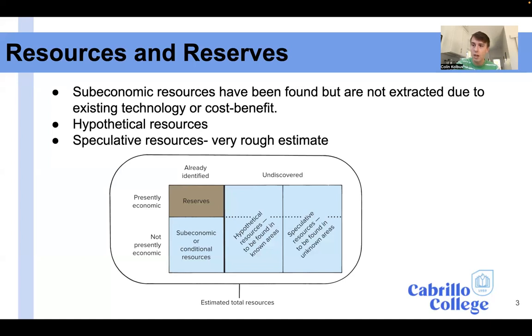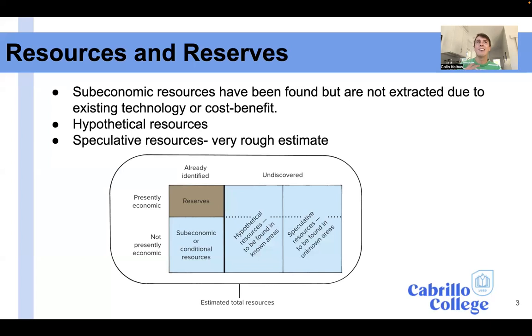Speculative resources are resources that are to be found in unknown areas. So it's really hard to know what you don't know, and that's basically what a speculative resource is. We're speculating that it might probably be in an area that we don't know currently.